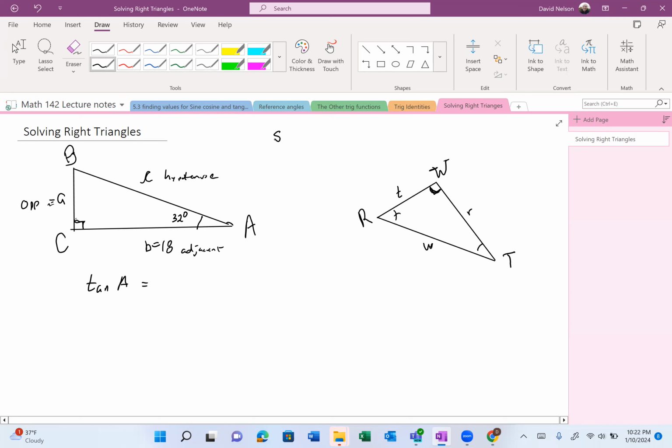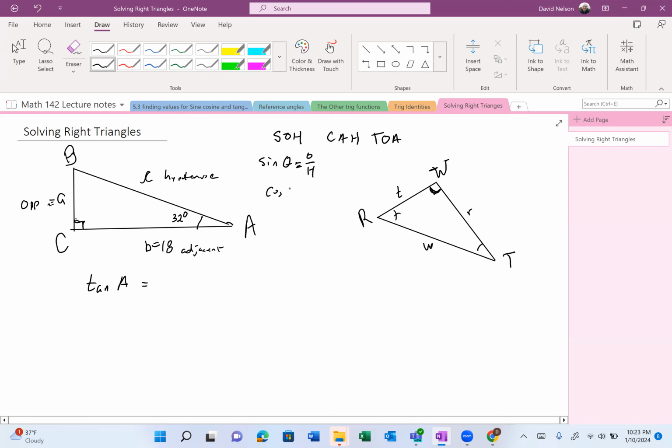Remember, it was SOH, CAH, TOA: that the sine of an angle, sine of theta, was the opposite side divided by the hypotenuse.